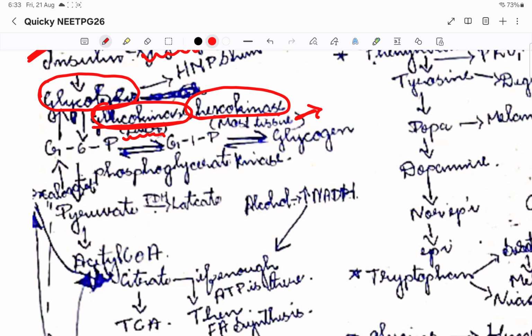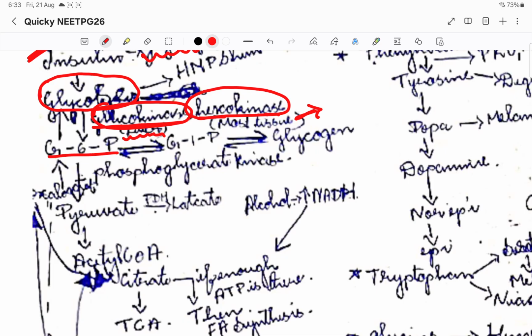Glucokinase will be in the liver. So glucose I have eaten has gone to the liver. Now glucokinase will convert the glucose into glucose 6 phosphate, and then the entire glycolysis pathway follows. You need not remember the entire glycolysis pathway. Please remember this, you need not remember everything.